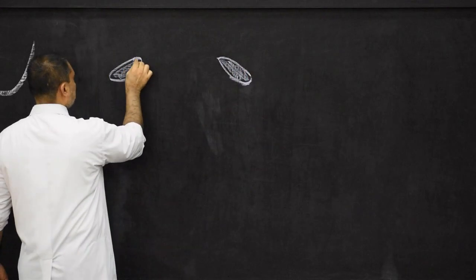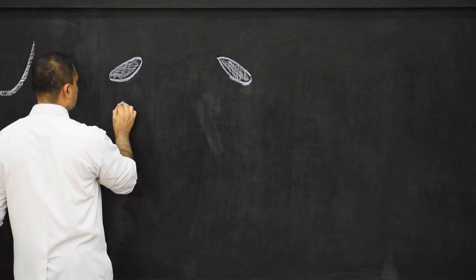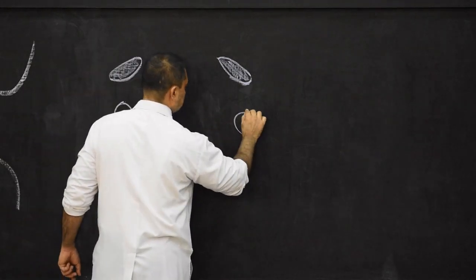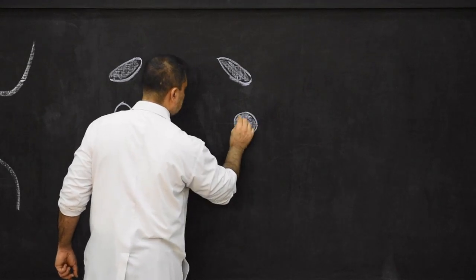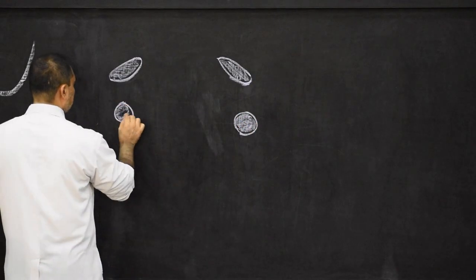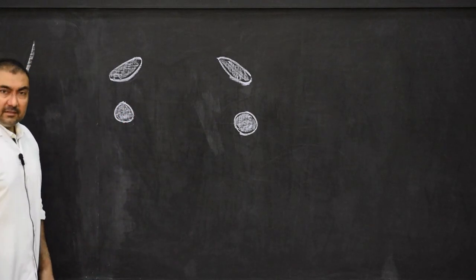We will draw here dorsal mass, and these are the two ventral masses. So each primitive spinal ganglion will divide into ventral mass and dorsal mass.